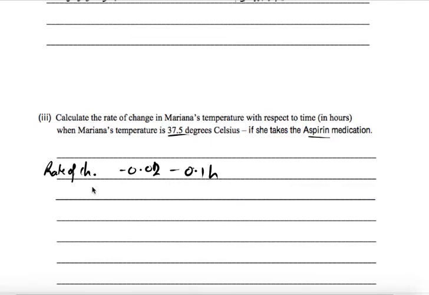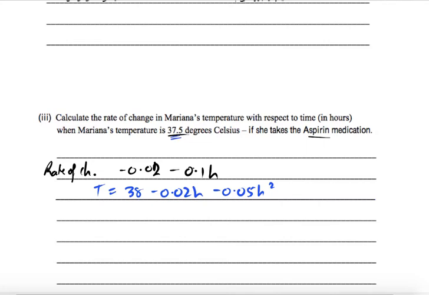However, we need to go to the whole temperature formula. So if we copy out the temperature formula for aspirin, it is 38 minus 0.02H minus 0.05H squared. We need to find when it is 37.5 degrees.